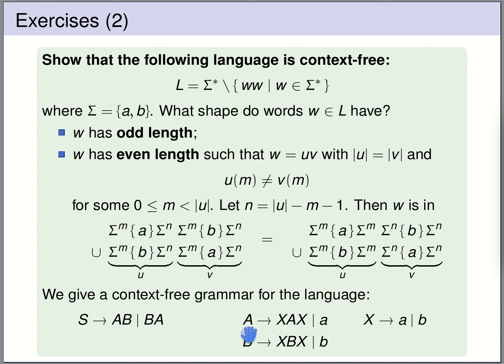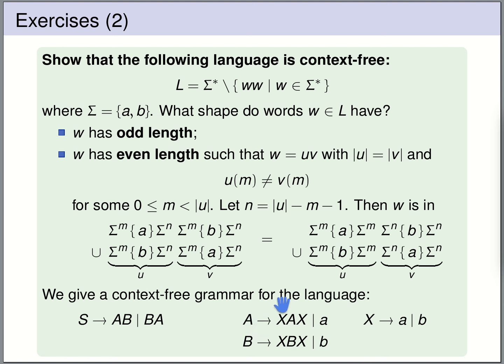We introduce variable A. This variable A is responsible for generating words that have an a in the middle. The variable B is responsible for generating words that have a b in the middle. So how do we do this? We say that A can rewrite to XAX. X is an arbitrary letter, so X can rewrite to a or b. And so we can apply this rule an arbitrary number of times.